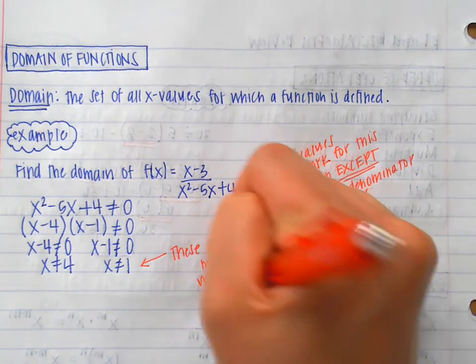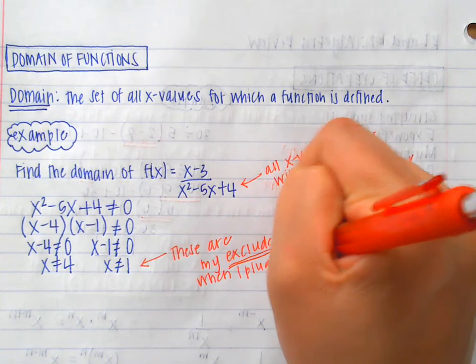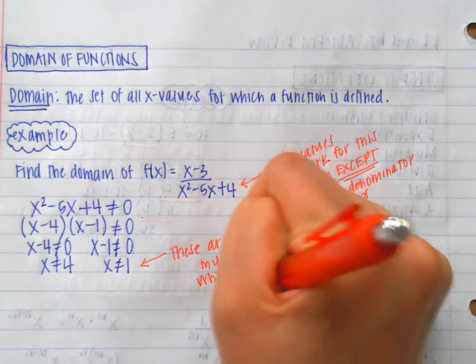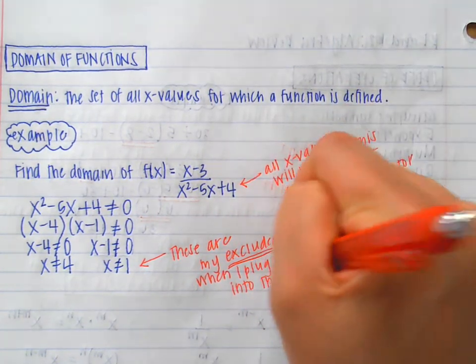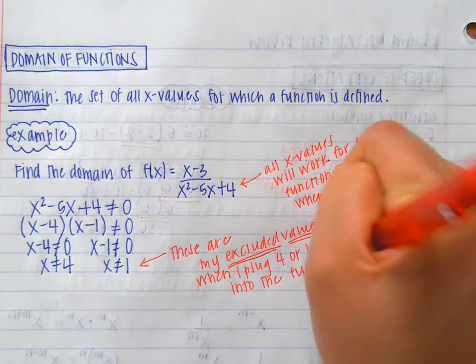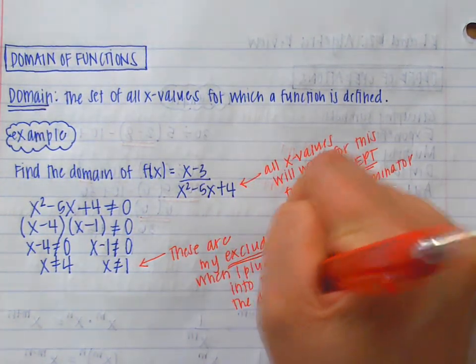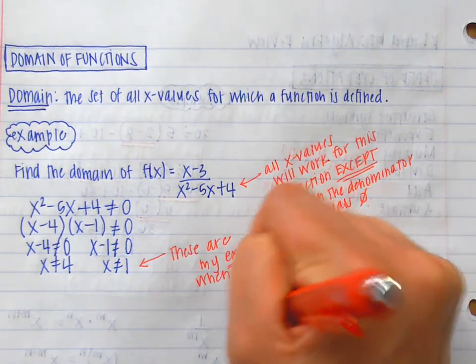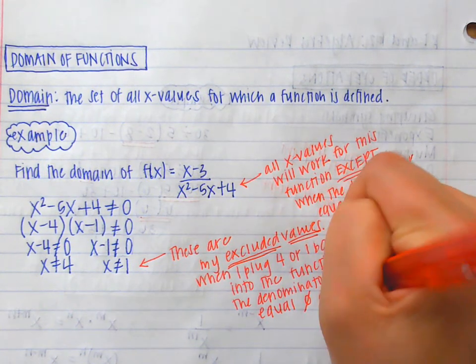So when I plug 4 or 1 back into the function, the denominator will equal 0 and therefore be undefined.